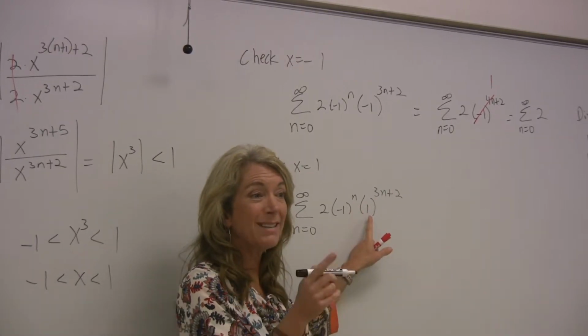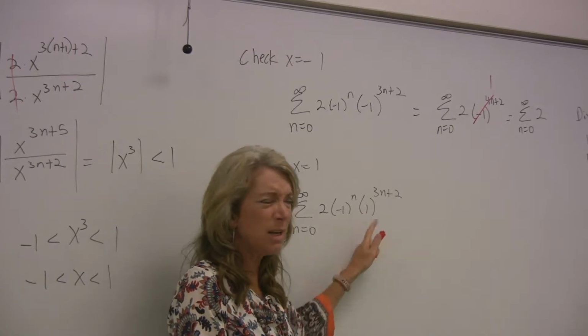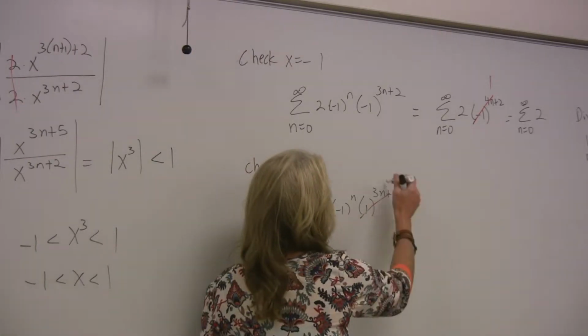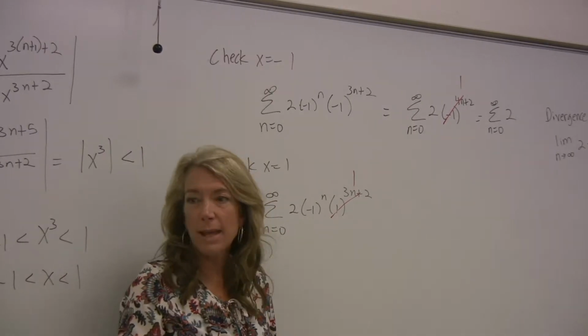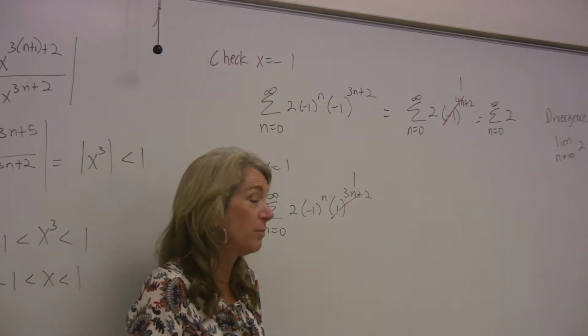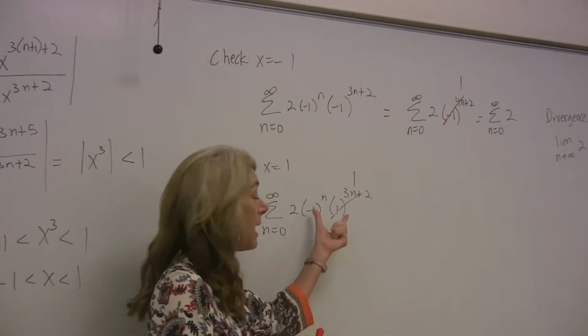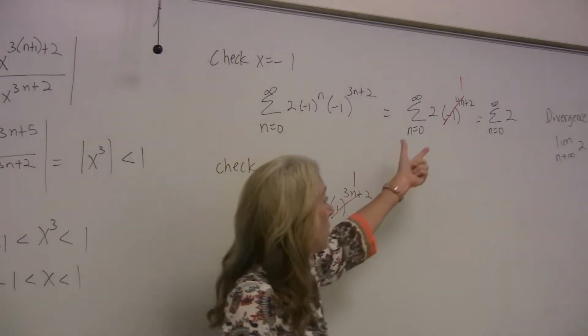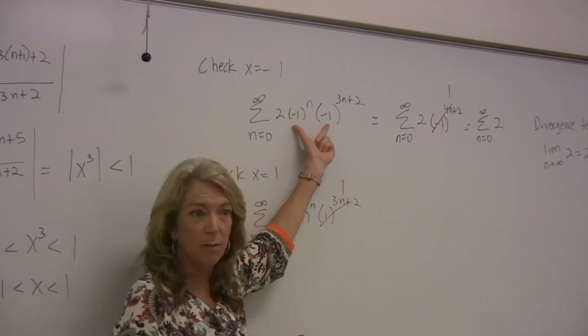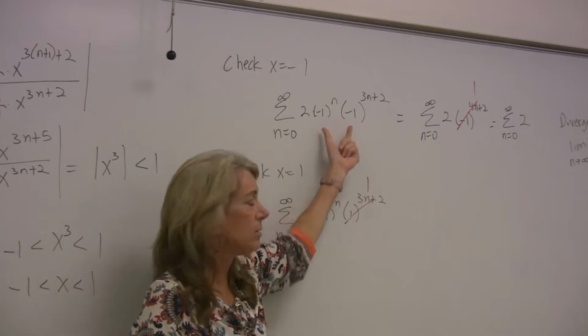It's always one. One to any power is just one. So this is just one. I don't care what that exponent is. 1 times however many times is still 1. But we can't combine those because they were different bases. Up here, they were both -1, so of course it made sense to combine them.